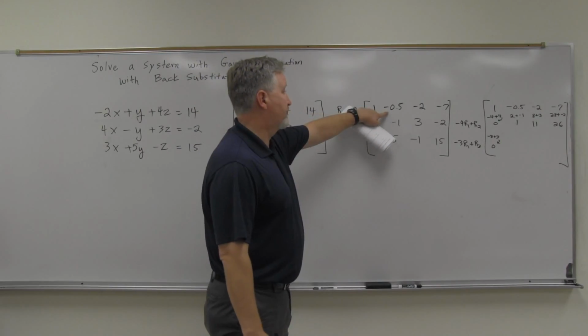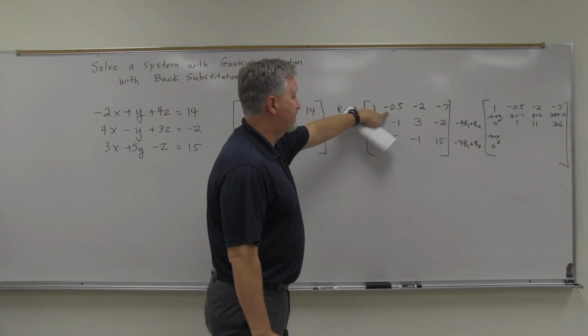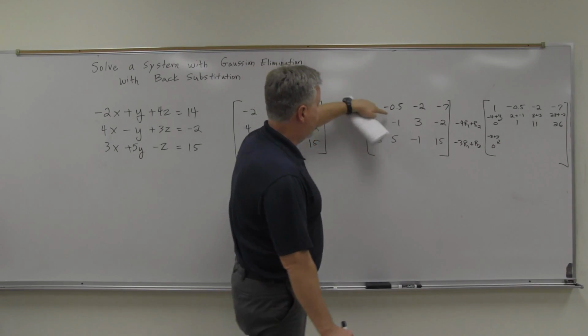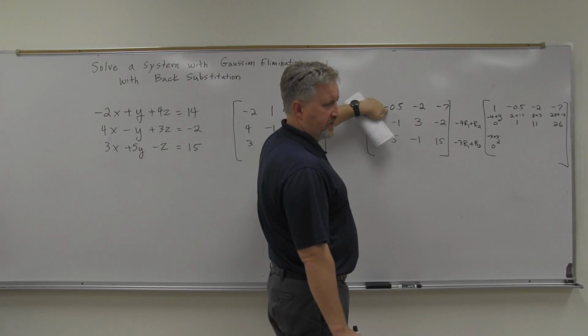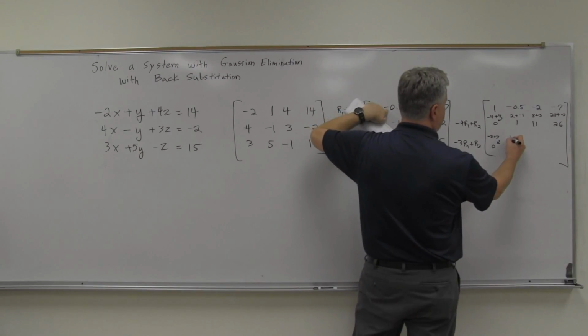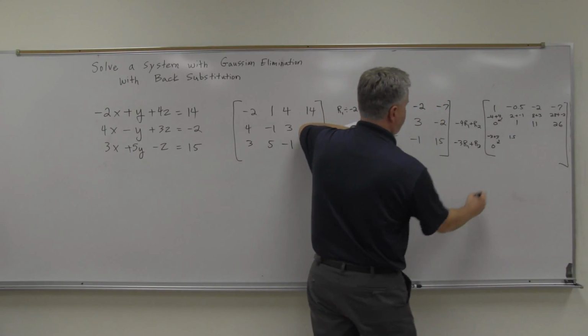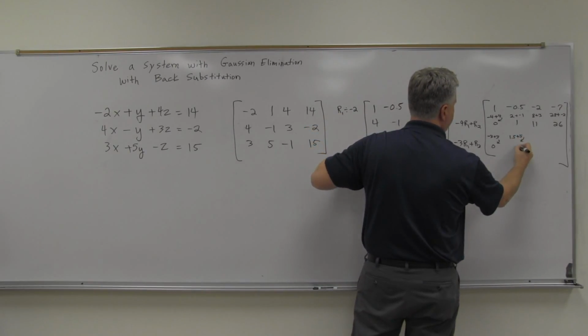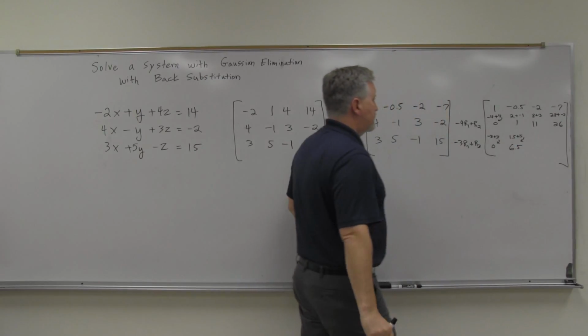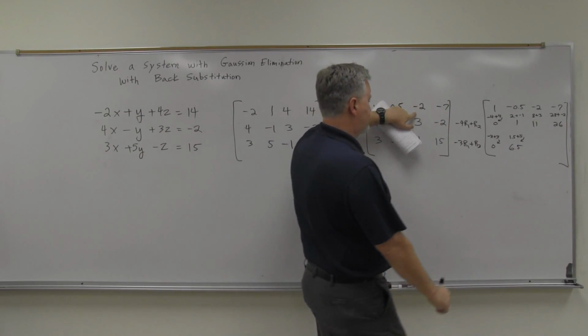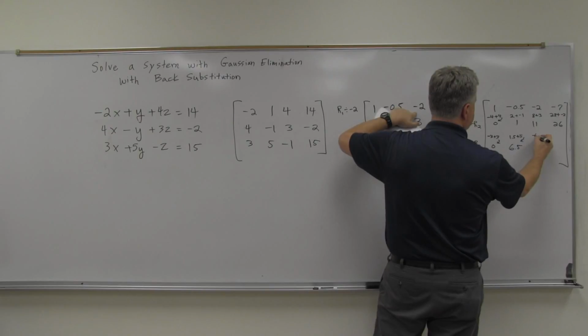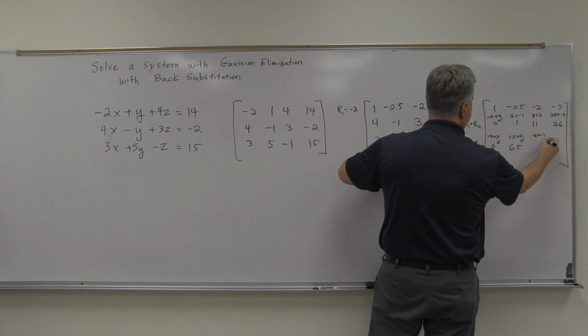Negative 3 times that, okay, so I'm going to have to contend with some more fractions here. So negative 3 times the negative 0.5 would be positive 1.5 plus the 5 would give me 6.5 for here. Negative 3 times that would be negative 6 plus the negative 1, that'll be negative 7.